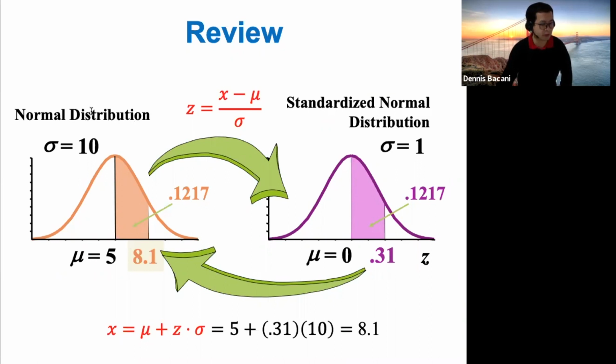a random variable X. So in this case, if you have a standard normal distribution, your standard deviation must be equal to 1, and the mean, which is, in this case, the center of our data, is z equal to 0. So keep in mind that this mu here is the mean of the z values.